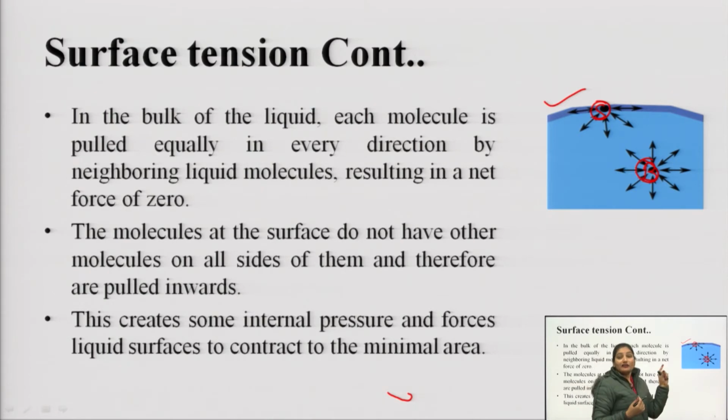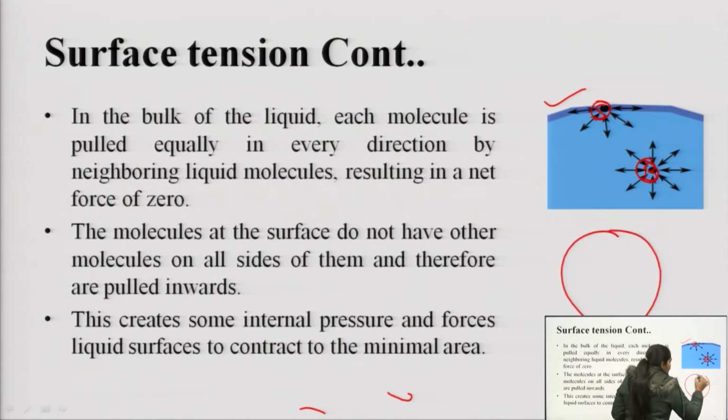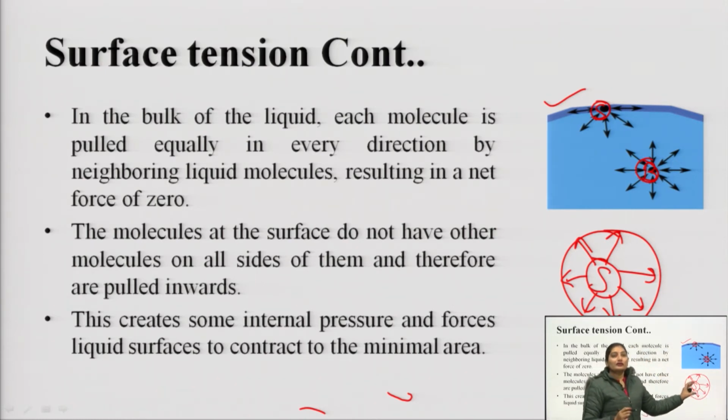This is the phenomenon due to which falling water droplets of rain acquire the minimum surface area, because the molecule faces attraction from the neighboring liquid molecules, due to which some internal pressure is created, and this internal pressure forces the liquid surface to contract to a minimum surface area.